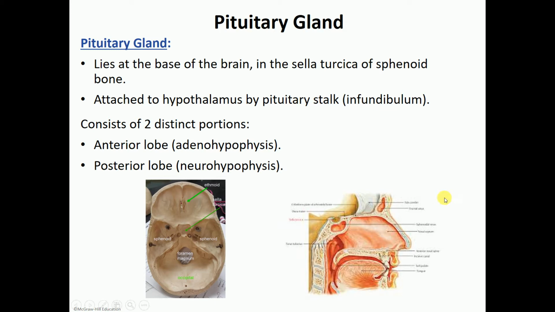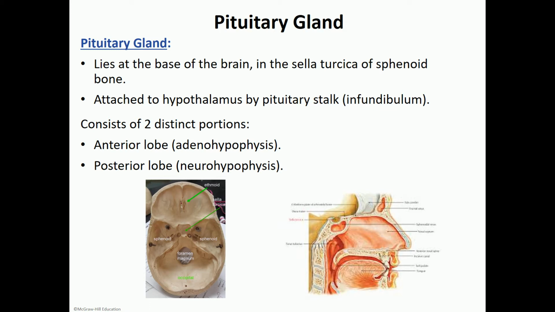Right above the pituitary gland is the optic chiasm, which is part of the visual pathway from the eyes to the occipital lobe. And it's these anatomical relationships that give some of the symptoms of a tumor of the pituitary gland. So if a patient comes in and they have a pituitary gland growing, they're not going to tell you that my gland is increasing in size.